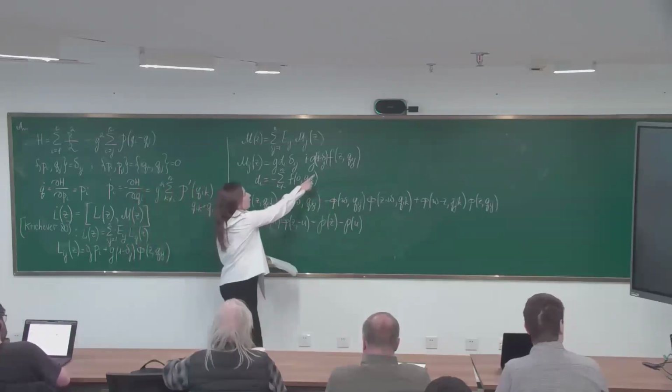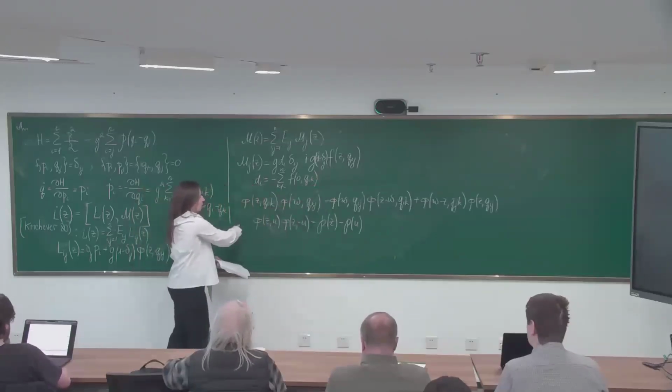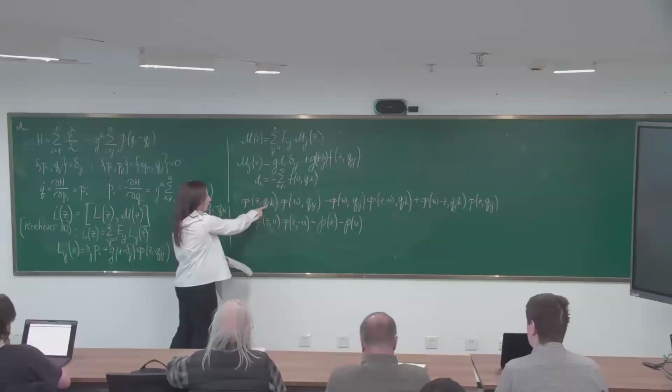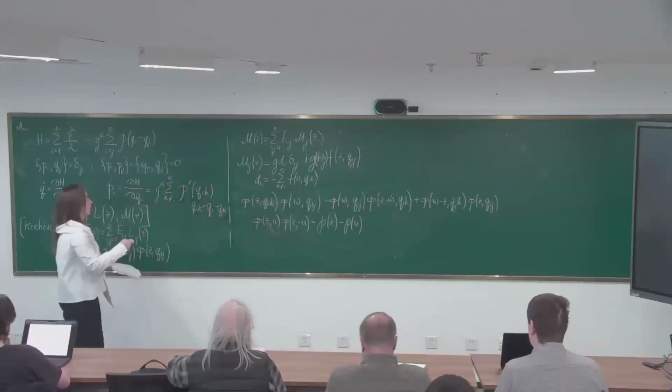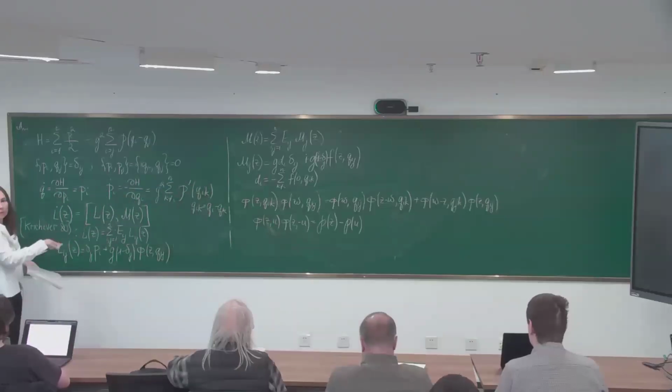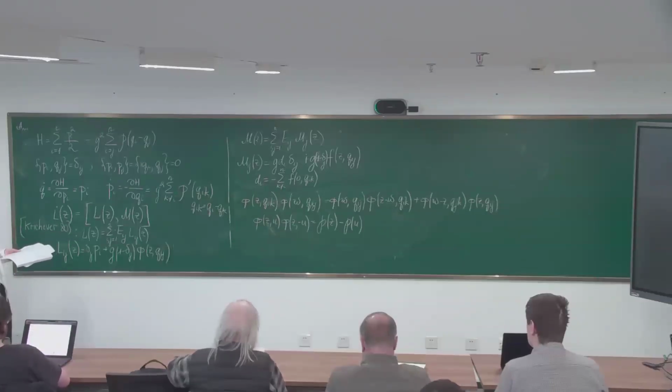To obtain this Lax equation, you just take the derivative by q_i, for example, and by u here. So to prove it, you need these two identities. Okay, and this story can be generalized to the R-matrix case.